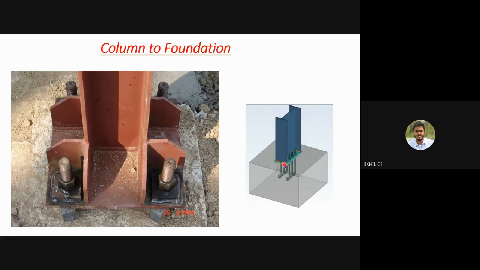Because of some corrosion issues, we are going for a concrete foundation and a steel superstructure. So we need a connection to establish between the steel as well as the concrete. How are we doing that? We'll be welding one plate to the bottommost portion of the column, and then we'll be using anchor bolts like this. So this is one way of doing this.